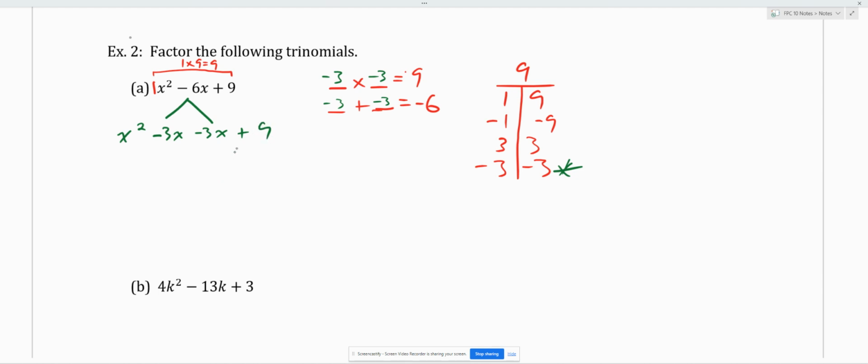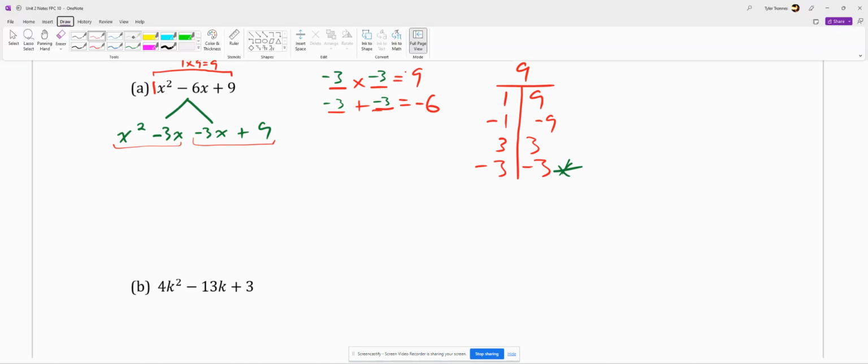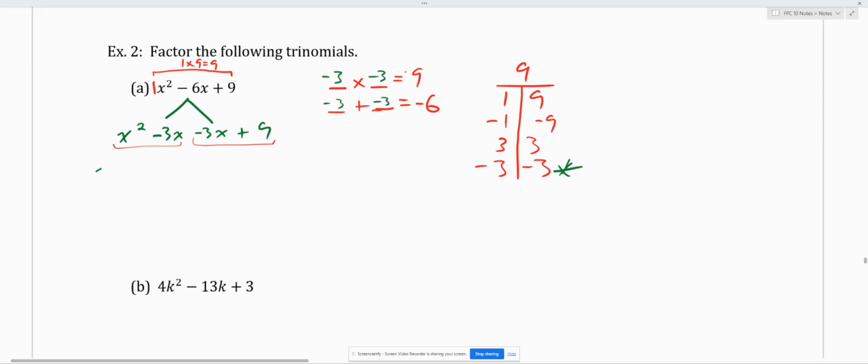Now we have a 4-term polynomial, and we're going to again factor the first two, then the second two separately. When we do that, my GCF of my first two is x, so I get x minus 3. And now careful here, because the leading term of the second two is negative, we're going to factor out the negative.